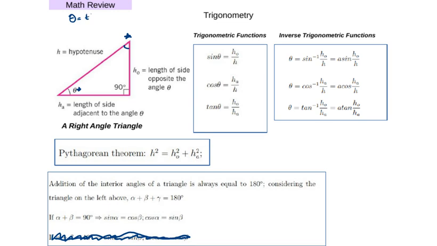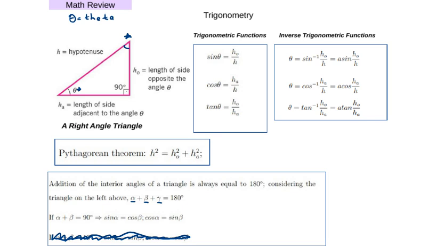And a right triangle has a 90-degree angle and two other angles. This letter here is called theta. It's a Greek letter. So hopefully you will be getting used to using Greek letters.